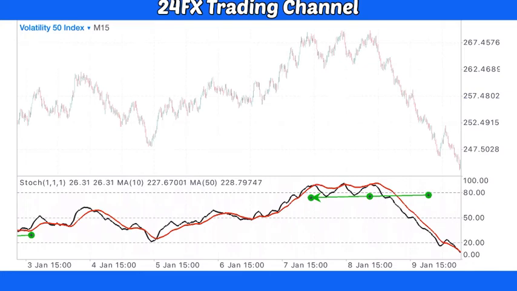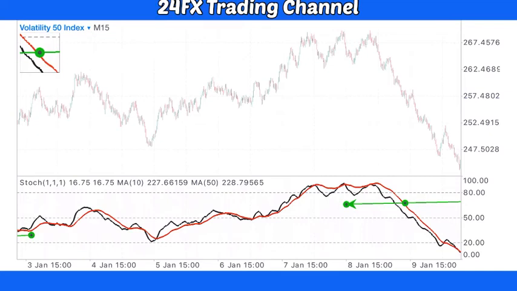If you check the 1 hour time frame and the 10 moving average and the 50 moving average is not in the 80 zone, and the 15 minutes time frame is giving a signal to sell, ignore it.